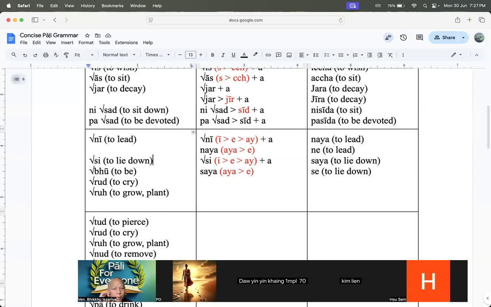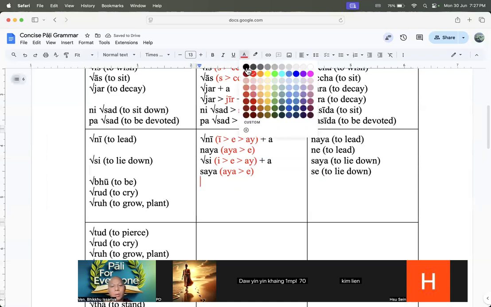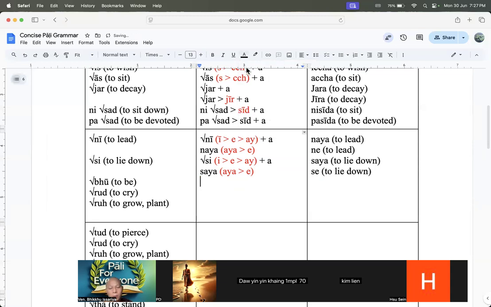And then now the next root. So this root also, actually root bhu and the a. In this root the change is u becomes o.